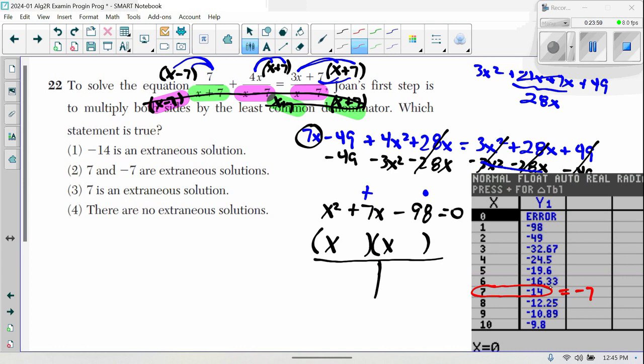But what happens if I switch the signs? What if I make my 7 negative and my 14 positive? It will still multiply to negative 98, but now it gives me positive 7, which is what I want. So I'm going to use a negative 7 and a positive 14.